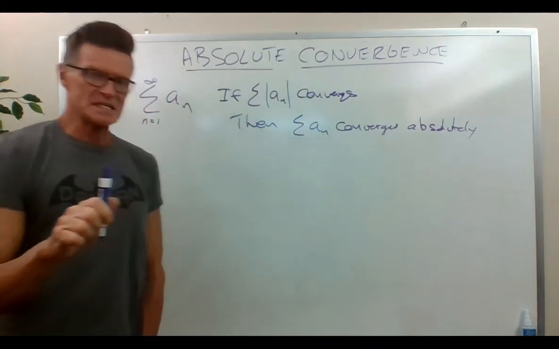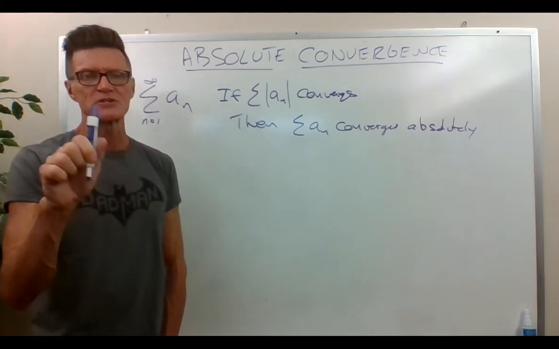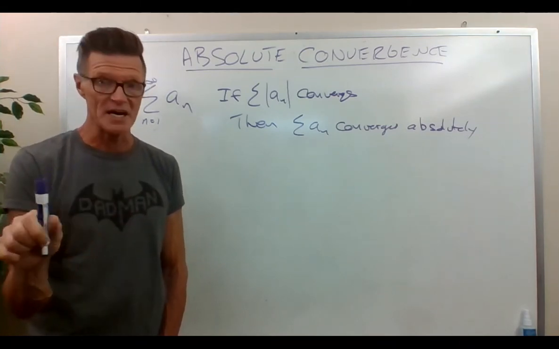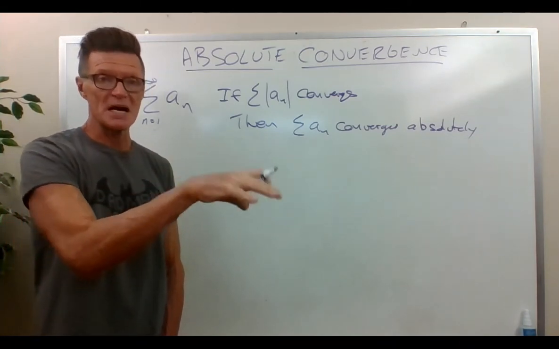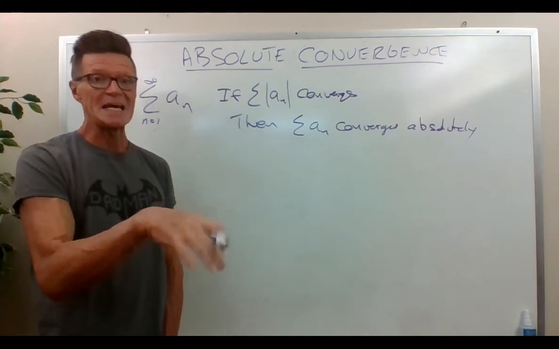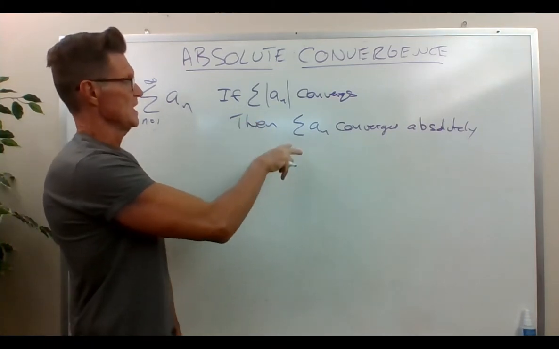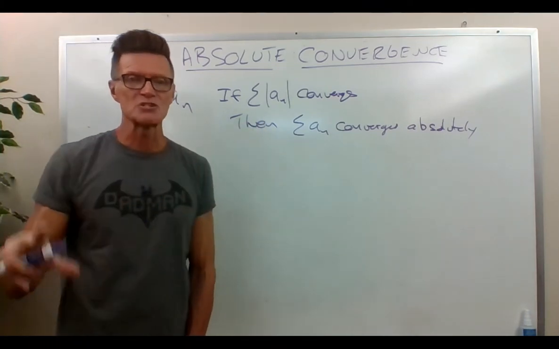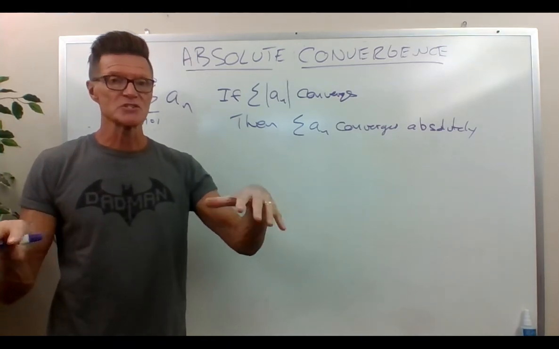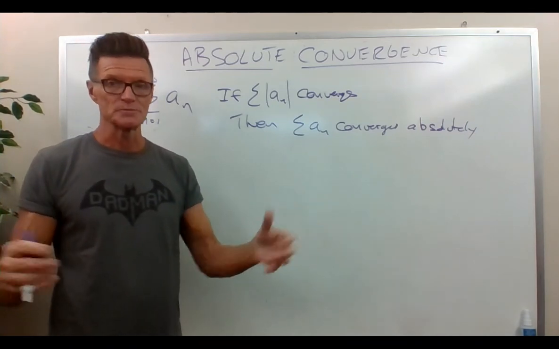What this means is that the series will converge whether the terms are alternating positive and negative or not. If all the terms are positive, it converges. If the terms are alternating, it converges. That's what it means to converge absolutely. It doesn't matter if you have alternating or non-alternating terms, it's still going to converge.